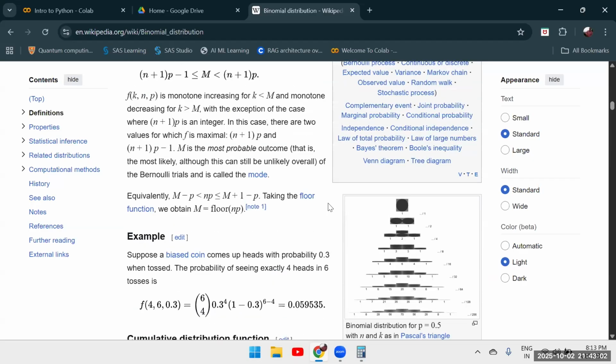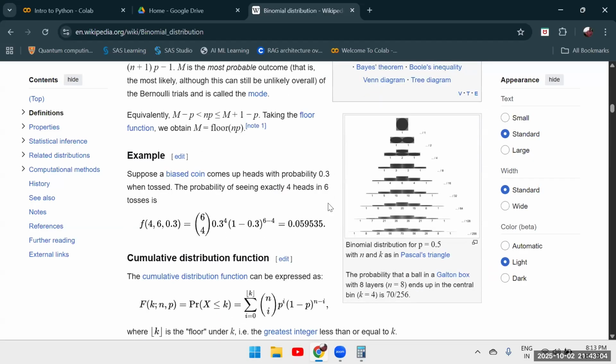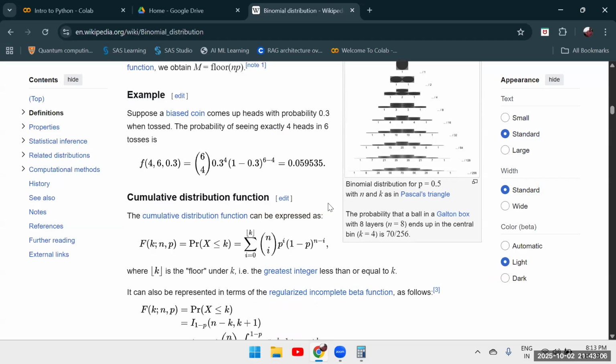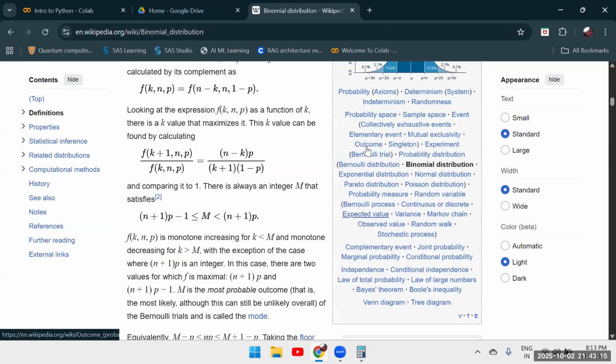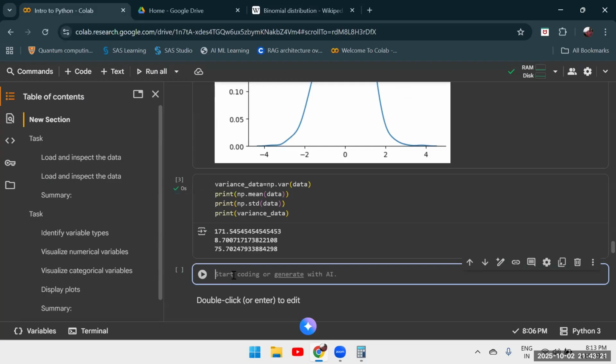Not to worry much about the formula, but just understand that the binomial distribution is basically going to deal with uncertainties and certainties. There is a particular equation for how this works, and everything is already fed into Python. So you don't have to remember any of these formulas or complex things. You just need to know how to call this particular formula and how it will work.